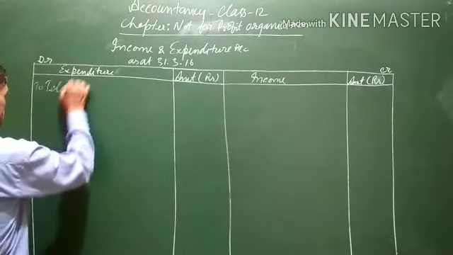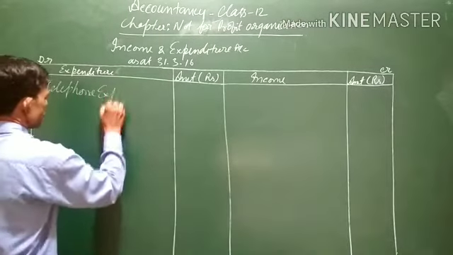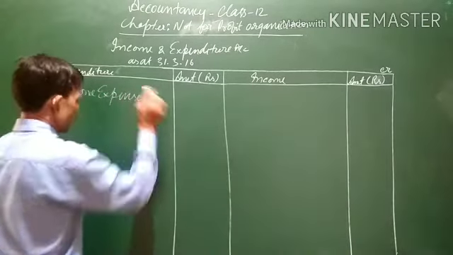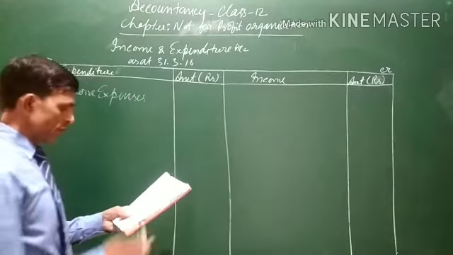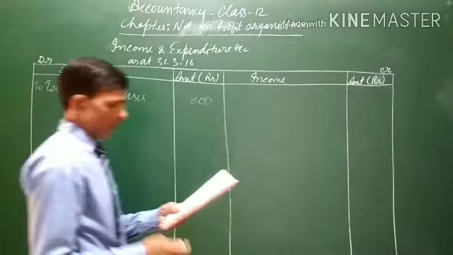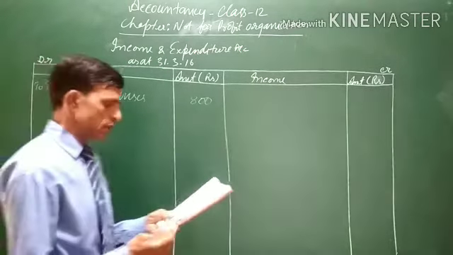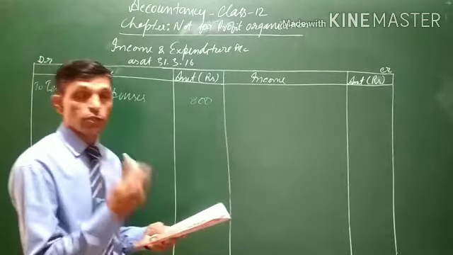To telephone expenses, 800. Next is salaries. Here two salaries are mentioned, that of the current year as well as the previous year.